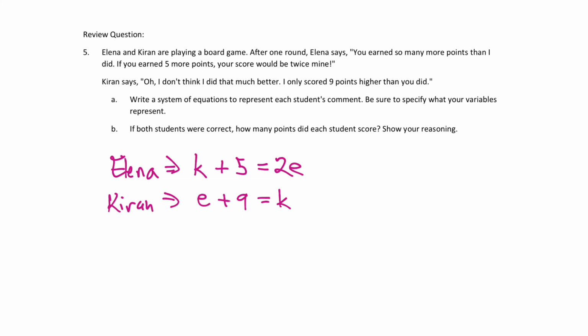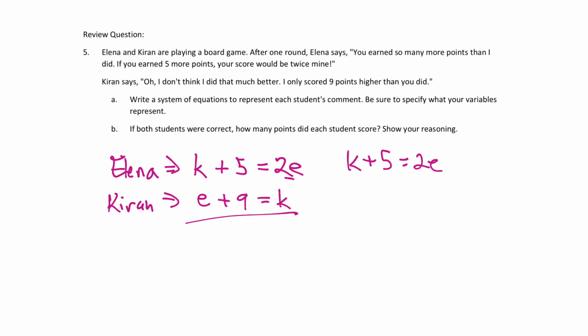Show your reasoning. Assuming that both of these students made correct assumptions, we first need to line up our variables. The K right now is on this side and the E is on this side, so we have to manipulate them. We have K plus 5 equals 2E.